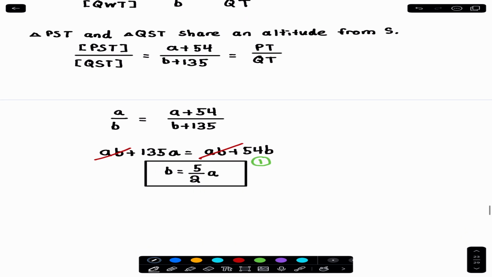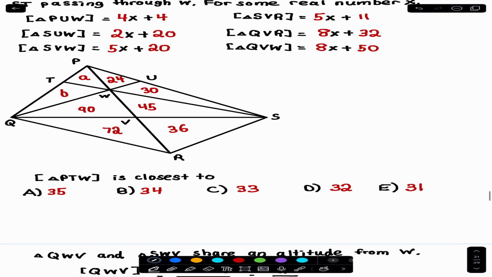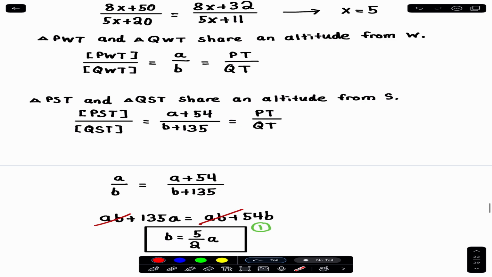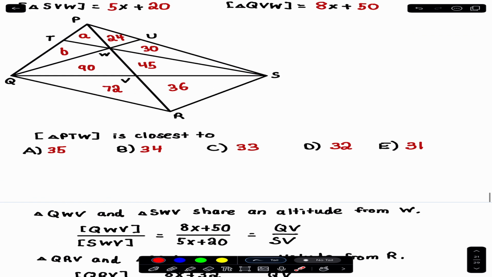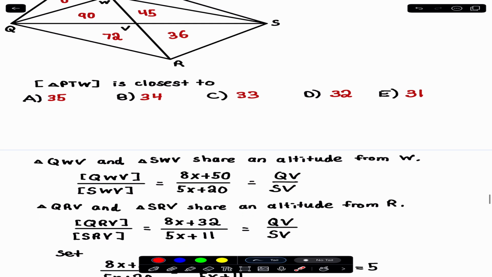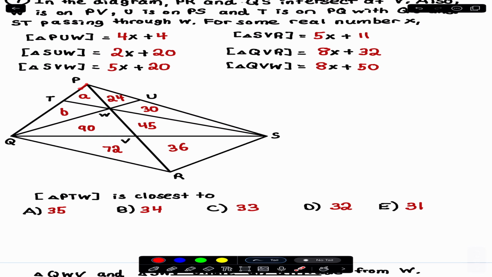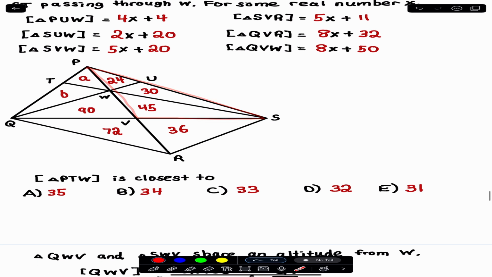Which means we need another, so again, even more triangles involving A and B. Personally, I'm thinking, let's see, we can use this one, because this way, when we sum the areas, we'll get an A plus B, and then this one will just be a number.